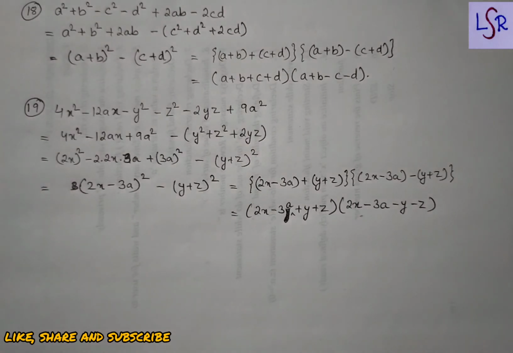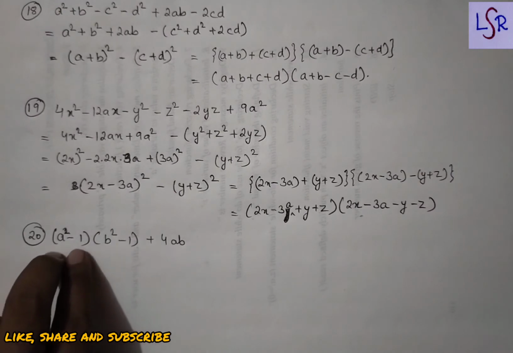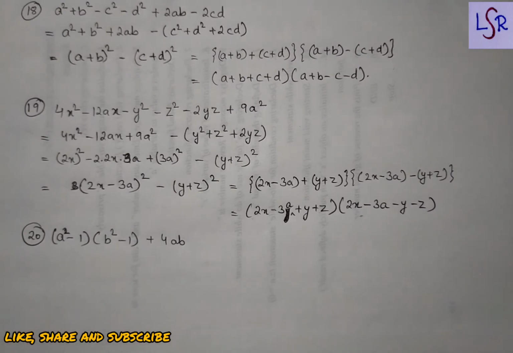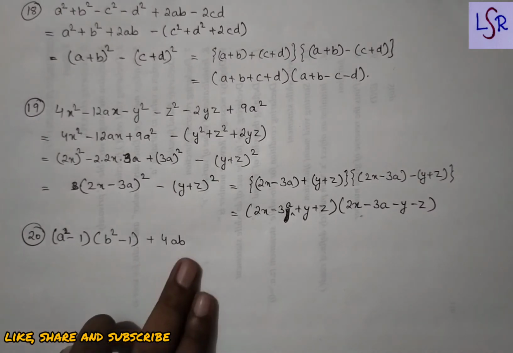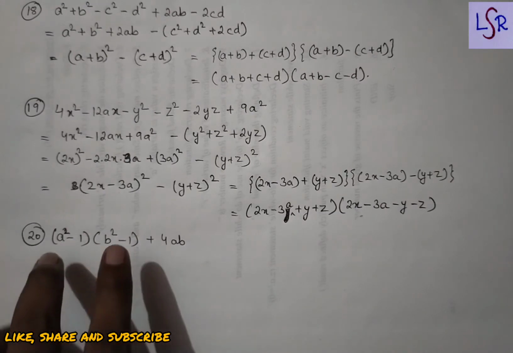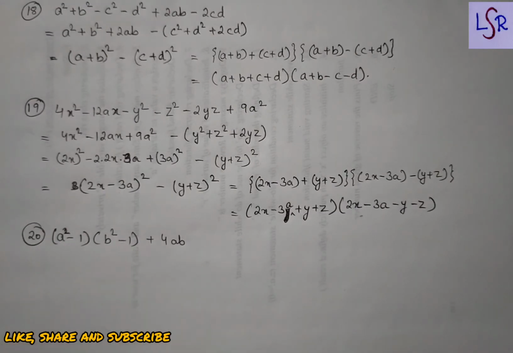Now we see question number 20. Here in this question we are having a square minus 1 and b square minus 1 in a bracket, and then plus 4ab outside of the bracket. For that, first of all, we are going to open this bracket. Now we get this after opening the bracket.